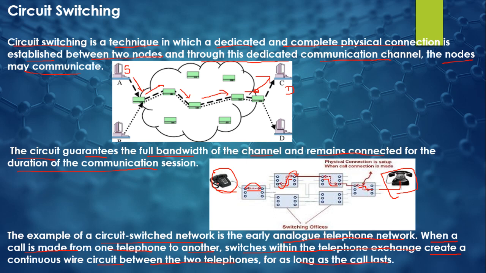So they establish a dedicated connection between these two telephone lines, and all this is done by the telephone exchange in between. And once the communication is established between these two, the communication path is still reserved till the communication ends between these two systems.